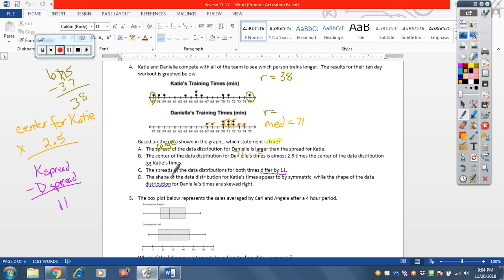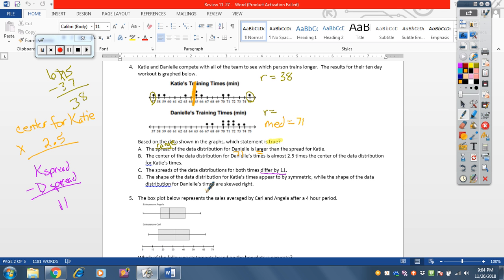And D says the shape of the data distribution for Katie's times appears to be symmetric, while the shape of the data distribution for Danielle's times are skewed right. So to be symmetric, I have to cut it in half, and both sides have to be really close to the same. So if I cut Katie's time in half, I don't know if it's exactly the same. It's not like completely different. Let's look at Danielle's time.